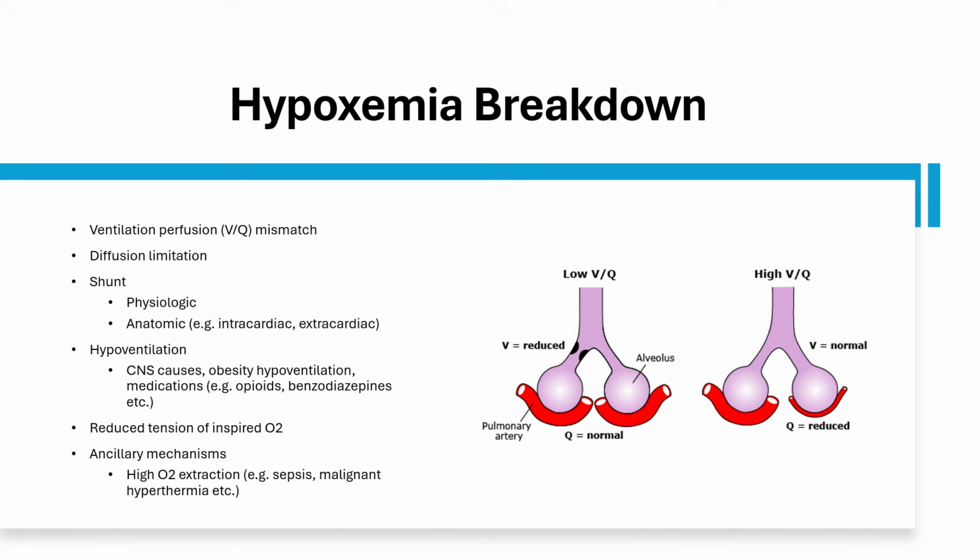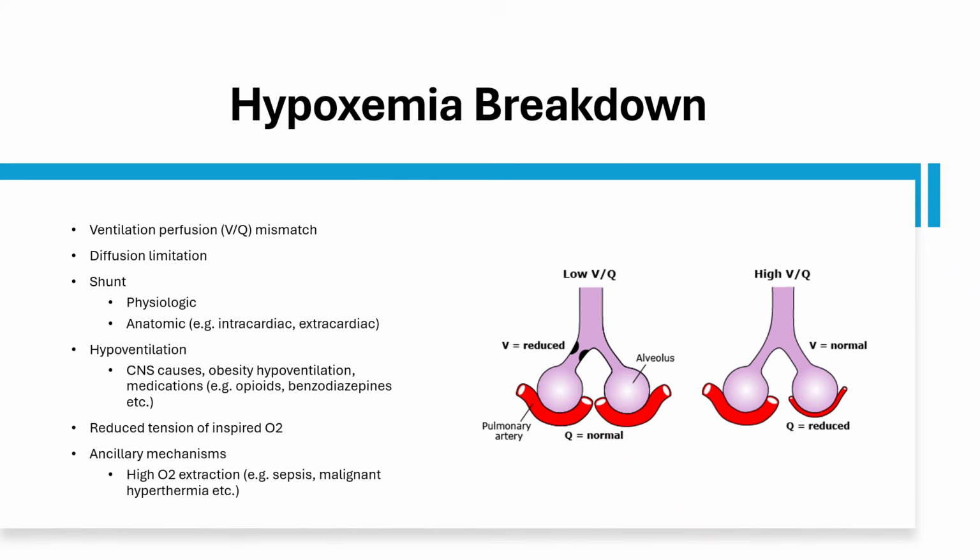You also have diffusion limitation, shunt, which can be physiological shunt or anatomical shunt, hyperventilation, reduced tension of inspired oxygen, and some ancillary mechanisms which can sometimes contribute to hypoxemia, which include high oxygen extraction, for example, in cases of septic shock and malignant hyperthermia.